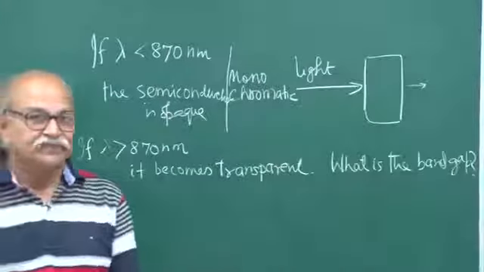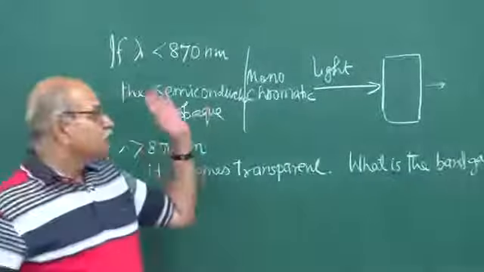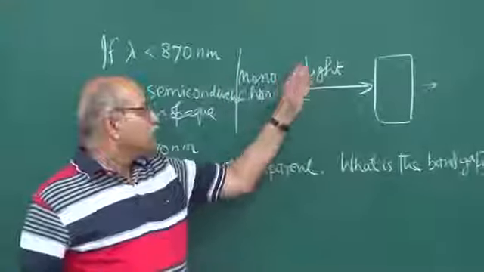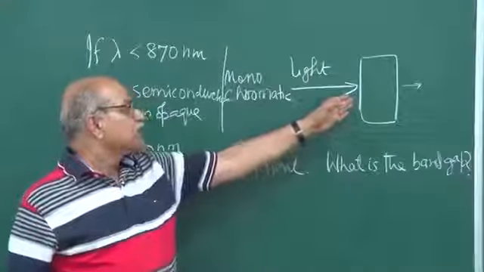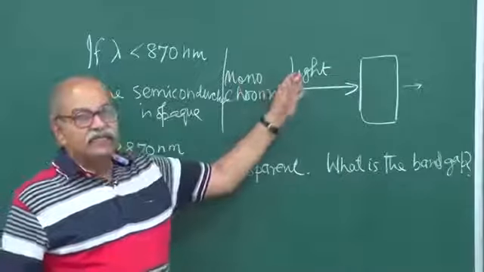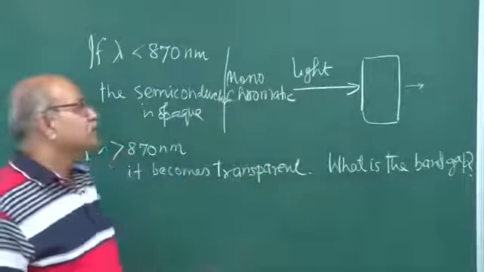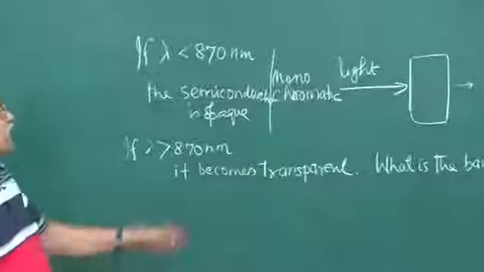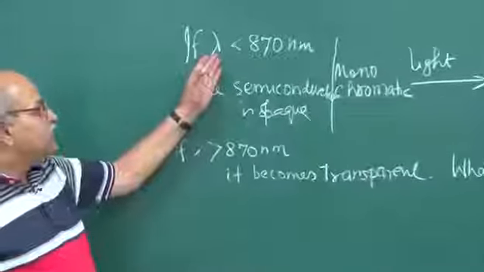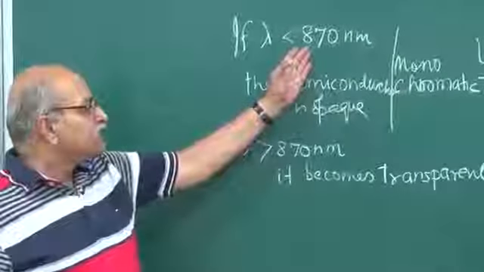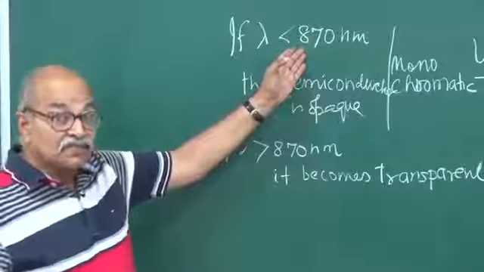Right? So, you have a semiconductor and you allow this light to fall on it. It is a monochromatic light, and you change your light source and work with different wavelengths. And you find that if the wavelength is less than 870 nanometers, then there is a lot of absorption.